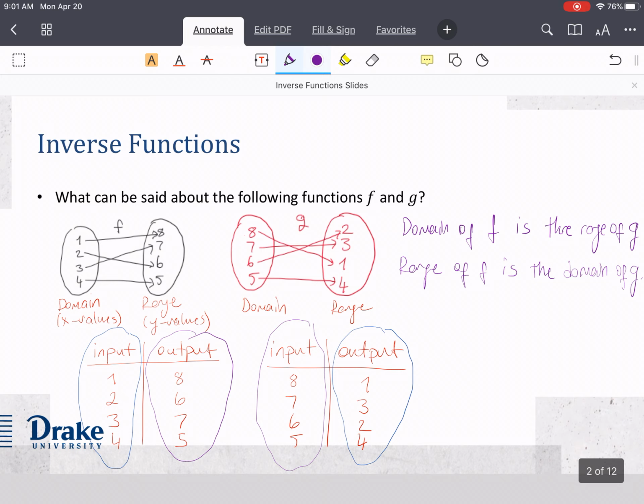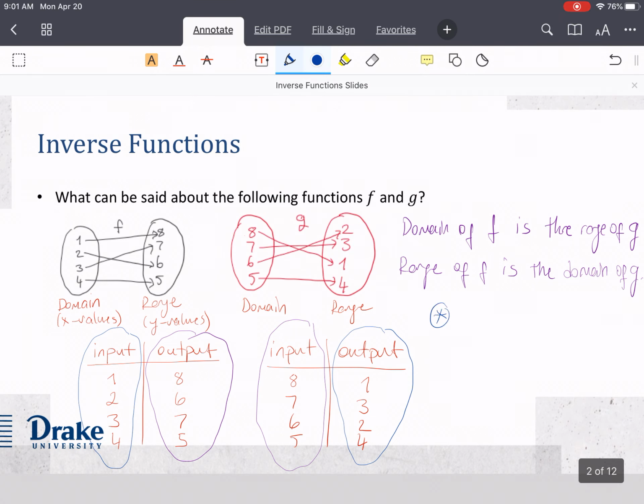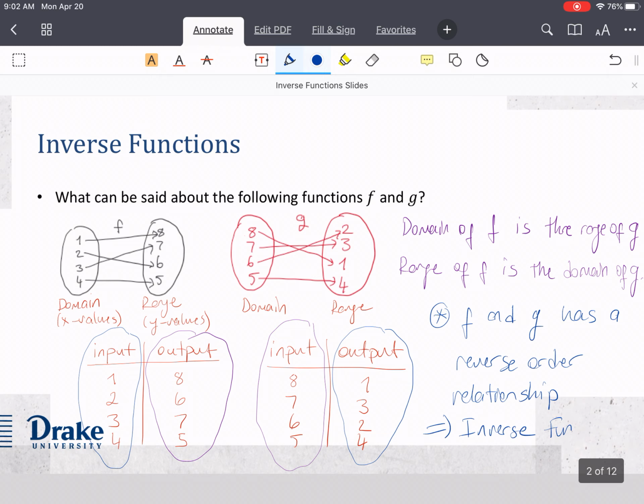So for this reason, we can say f and g have a reverse order relationship. And for this reason, we're gonna call them inverse functions.